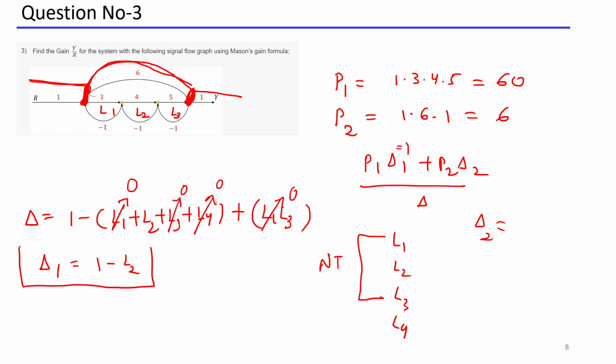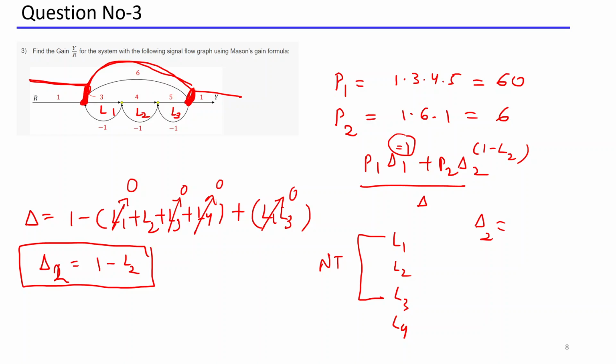Delta 1 is already calculated, that is 1. So put all the values now, you will get the answer.